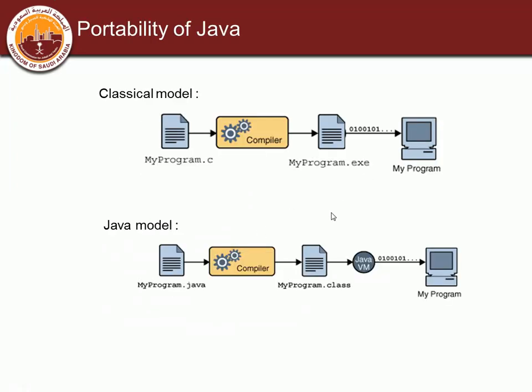Okay, so just let me talk about something. Why do we say that Java is portable, why it can be used in different operating systems? You just take the code, and it will work in different operating systems. Because there are several types of how we get from a programming language to the machine language.